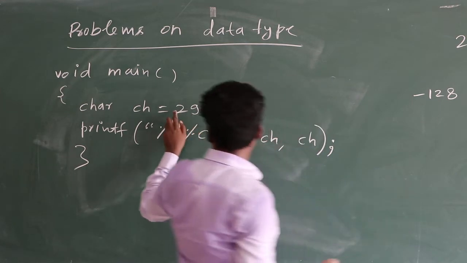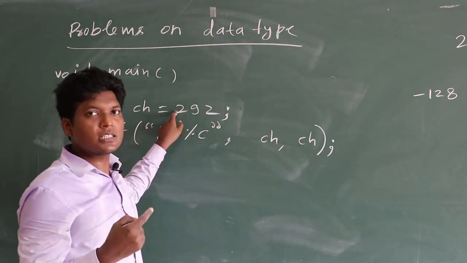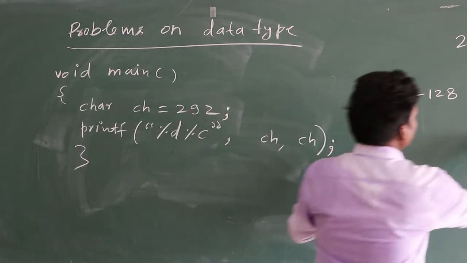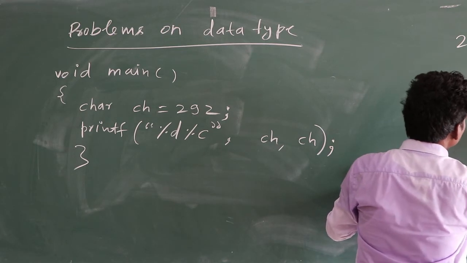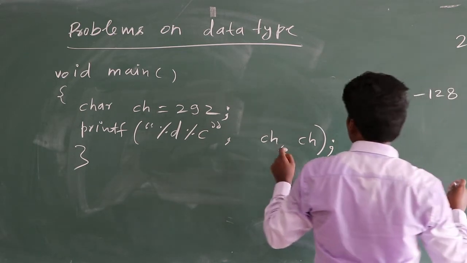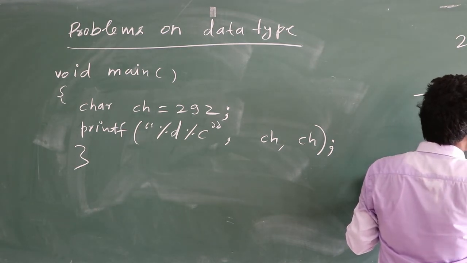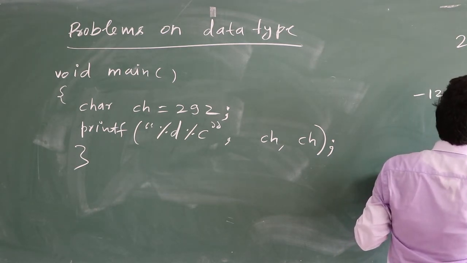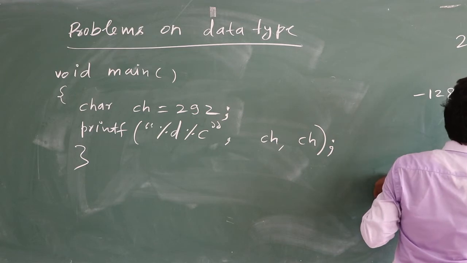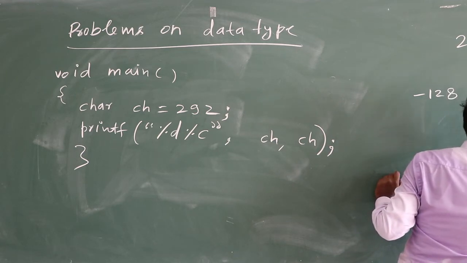When the value is positive, it starts with 1, 2, 3 ... up to +127.